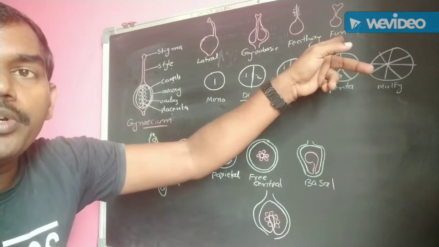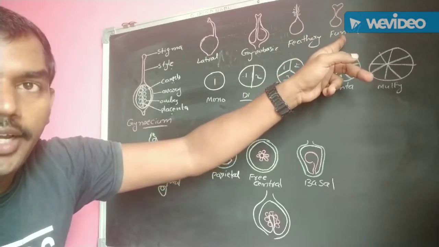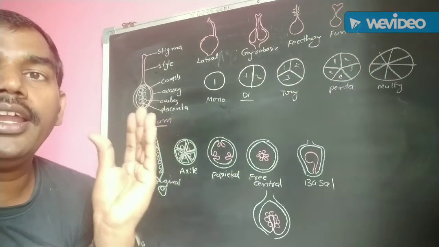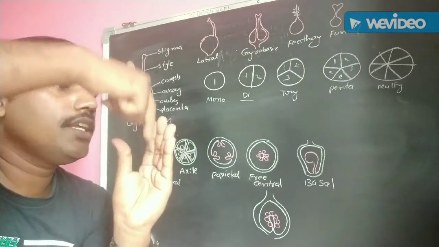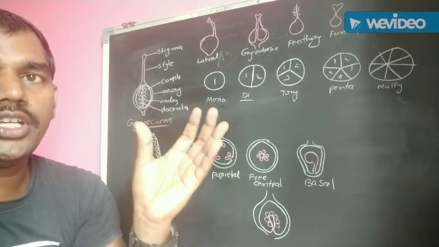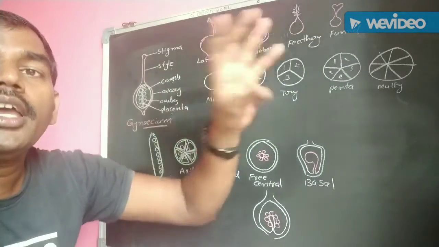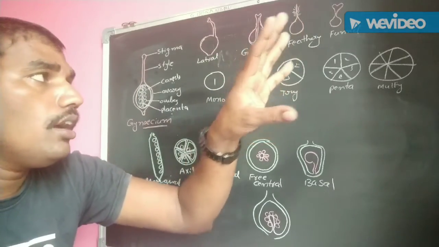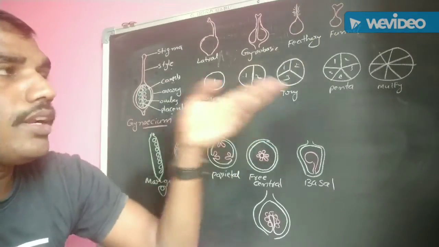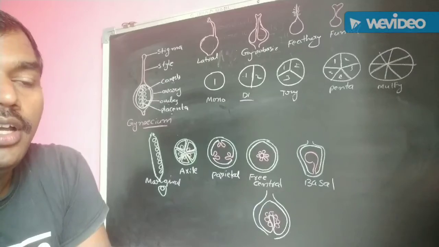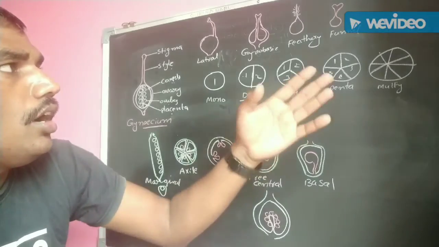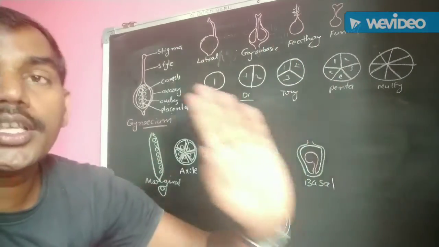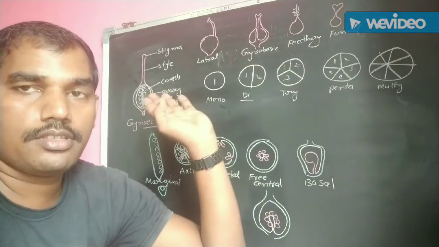Next one, funnel shaped style. In this style, the style looks like a funnel in shape. Pollen grains easily enter into this funnel structure. This means the stigma easily captures pollen grains. Example, Crocus species.